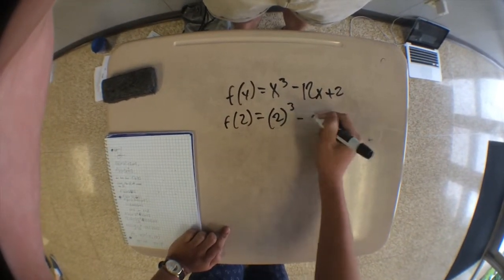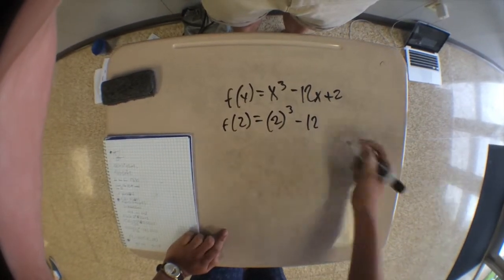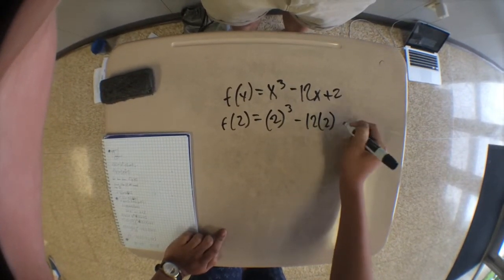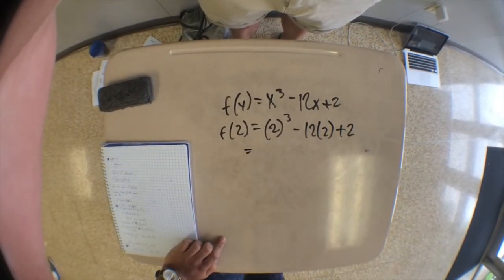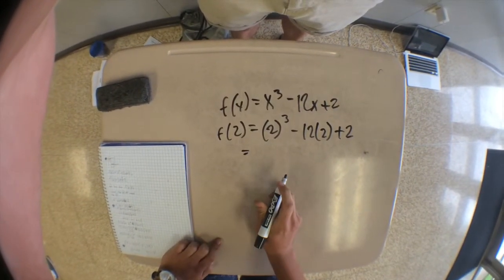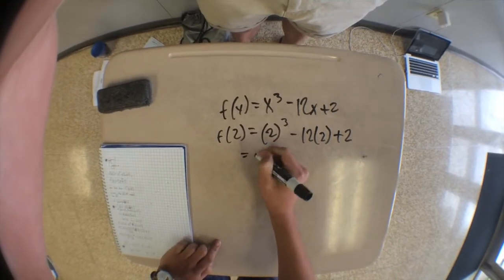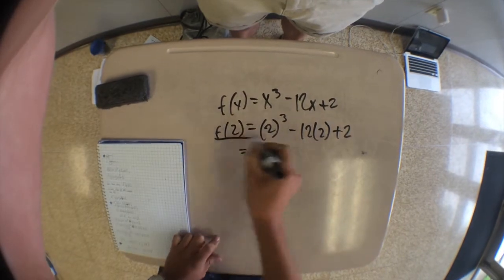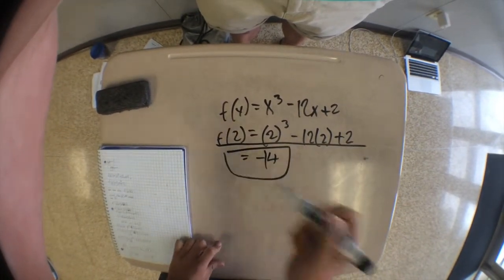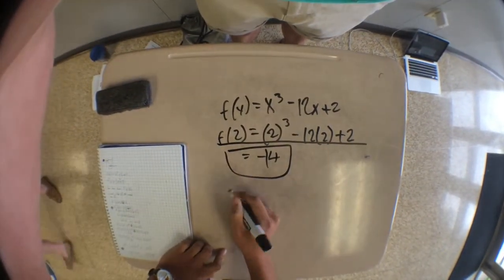So the math magic tells us that this is actually negative 14. So there we go. That's our first y value. Let's find our second one.